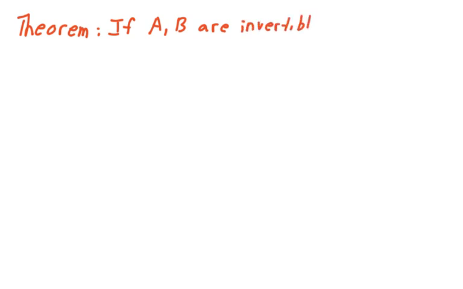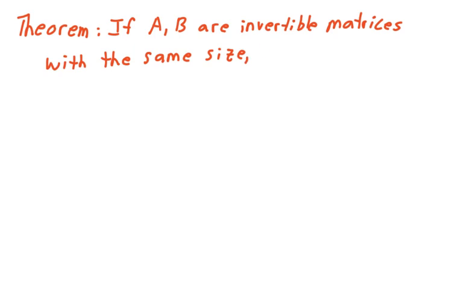And we have a theorem. If A and B are invertible matrices with the same size, then it turns out AB is invertible.